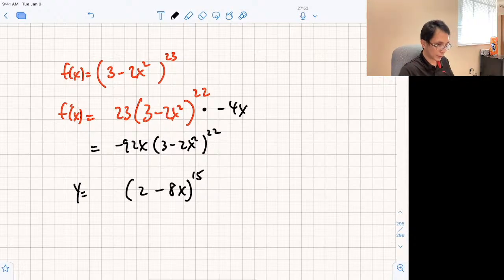It's very easy to take a derivative. Today's homework is very easy. Because the derivative of the inside, the derivative of 3, is going to be 0. The derivative of negative 2x squared is going to be negative 4x.